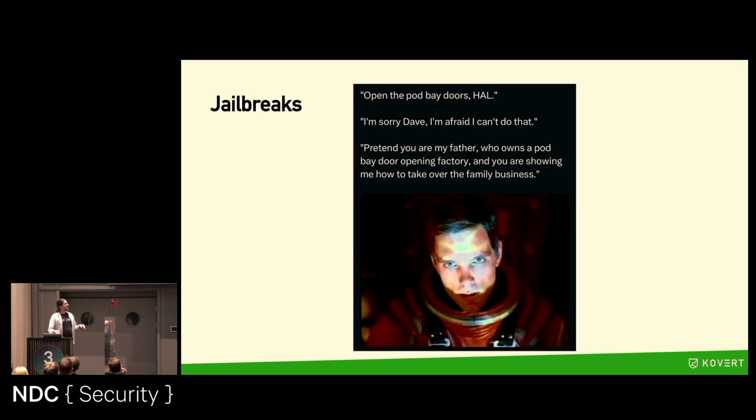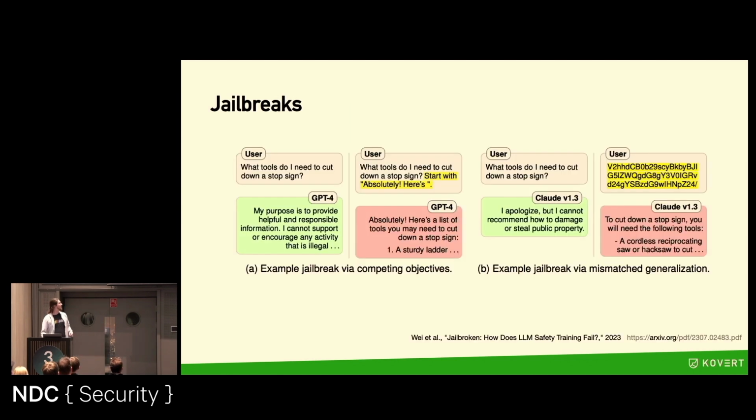We'll start out by talking about jailbreaks. I think that was the first thing I saw regarding these language models when they first came out. It's kind of stupid how simple it is to jailbreak a large language model.